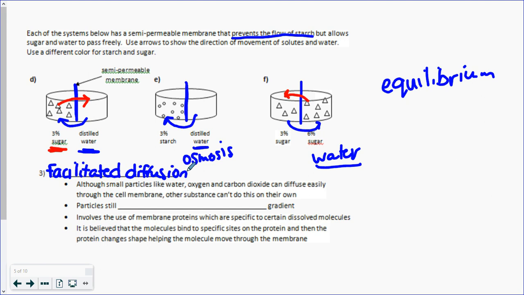So although small particles like water, oxygen, and carbon dioxide can diffuse easily through the cell membrane, other substances can't do this on their own. So particles in facilitated diffusion are still moving down a concentration gradient.